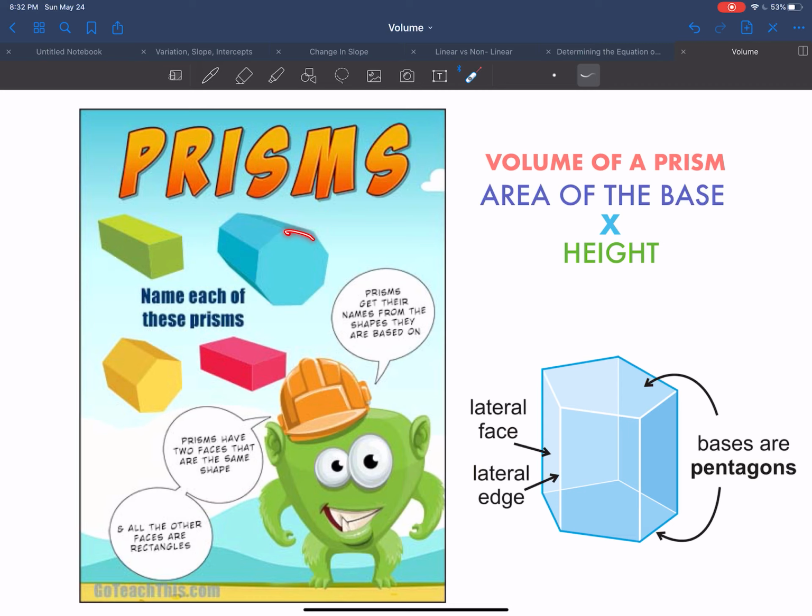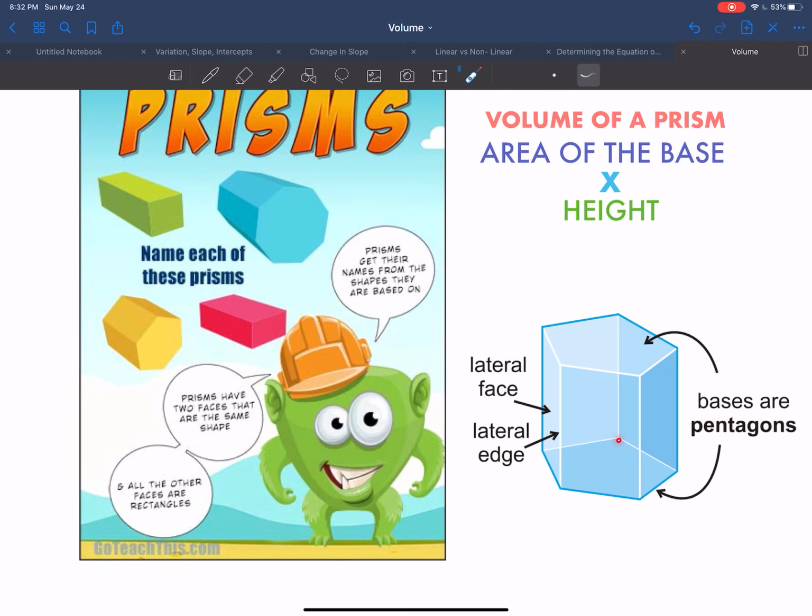In this case, we have an octagon, I guess, and that would be the base. You'd find the area of that, and then that's the height, and you'd multiply by the height. So for this pentagon, you'd find the area of the pentagon somehow, and then multiply by the height of that shape. And that'll tell you how much space this 3D shape takes up in space.